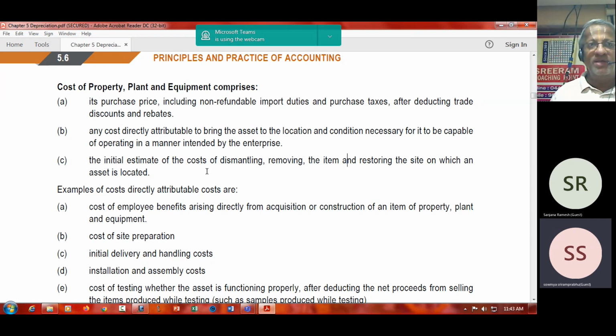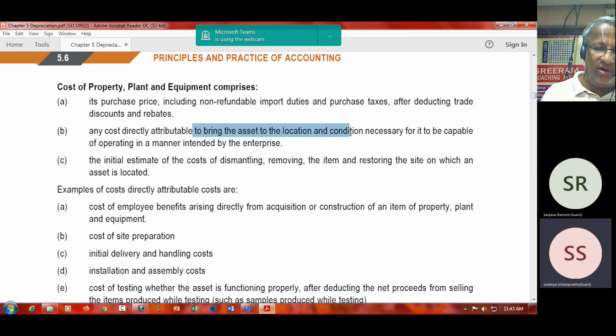Excluded in the syllabus. No, sir, like carriage. Like carriage and all that we have taken up here, my dear. Carriage outwards. Is it non-recurring expenditure? Sir, the installation service.